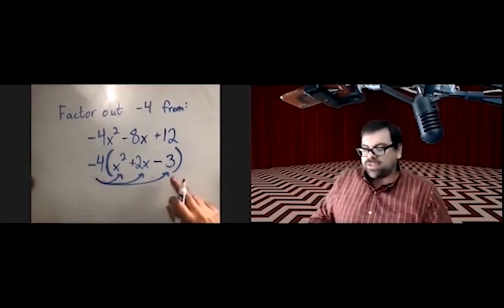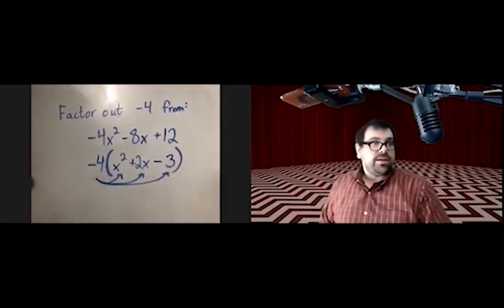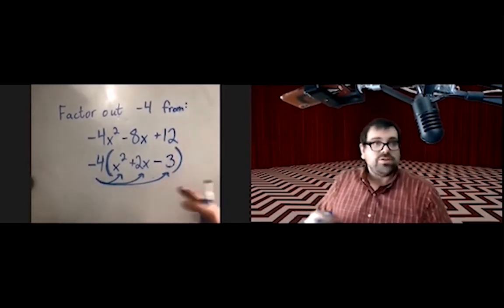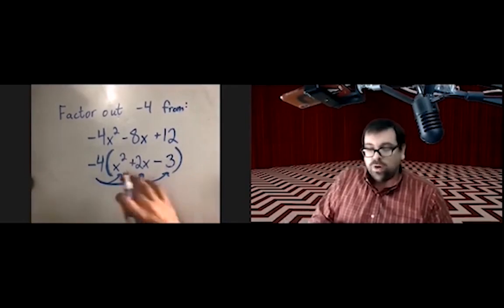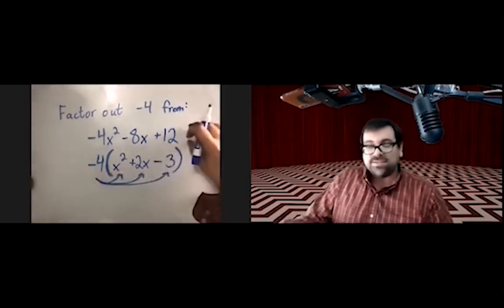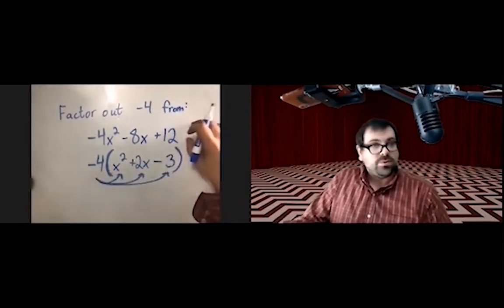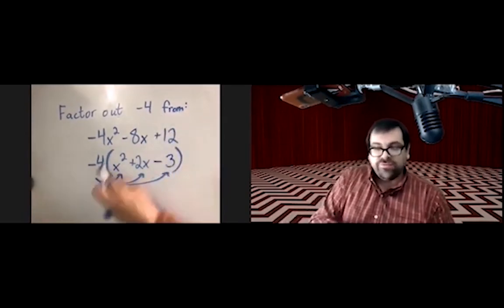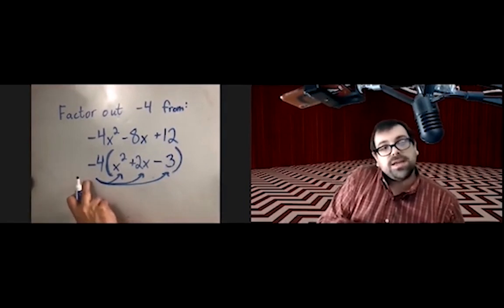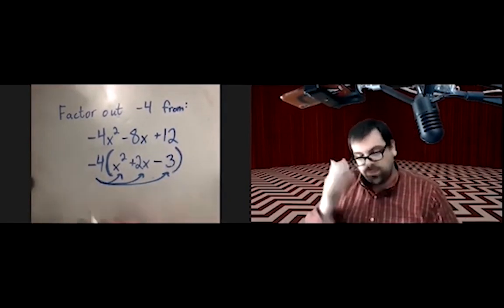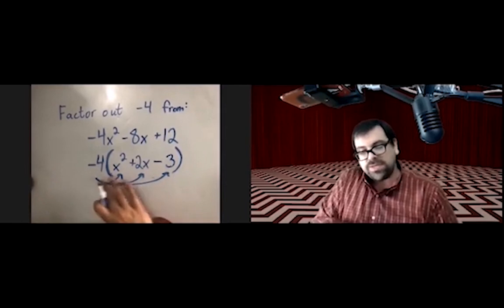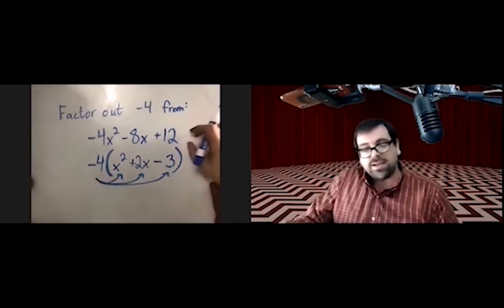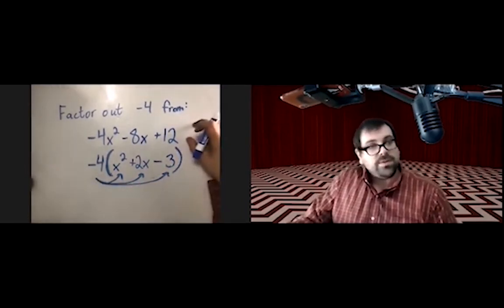So -4 times -3 is positive 12. All we're doing is thinking about the distributive property. What would we have to get us what we're starting with? Factoring out a -4 means a -4 is on the outside. We imagine what would we have to be distributing through to get us what we're starting with.